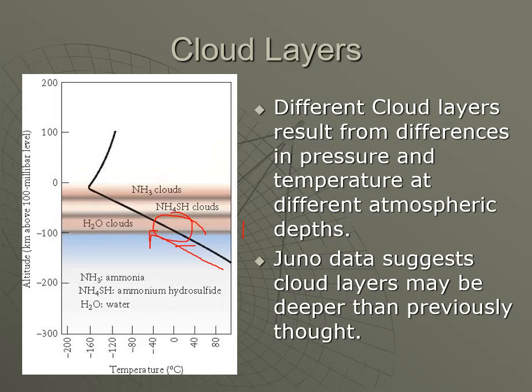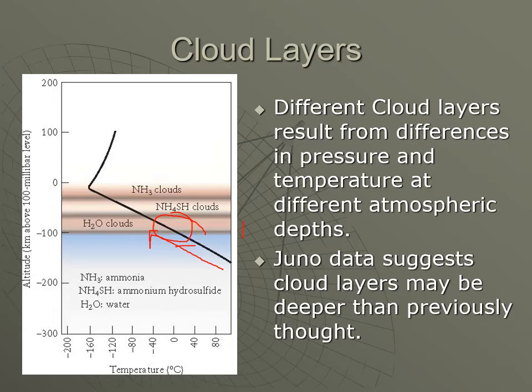So you end up with a layer here in which the temperature is warm, as warm as it is on the surface of the Earth, and down to close to freezing or below. And in this realm in here, you can get water clouds. So you can either get water vapor clouds, sort of like the water vapor clouds we have on Earth, or ice clouds, something like the higher altitude clouds we have on Earth. But again, it's water type clouds.